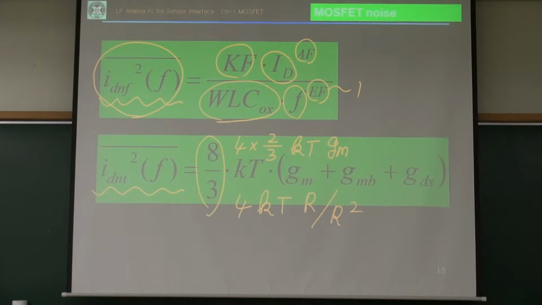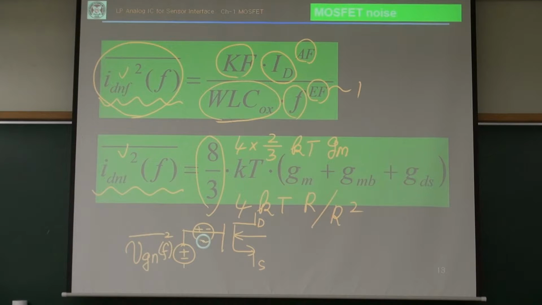So we have two kinds of noise components, and we can represent this by putting a noise source at the gate. This drain noise is moved to the gate side.